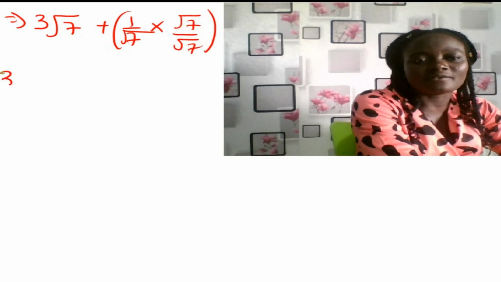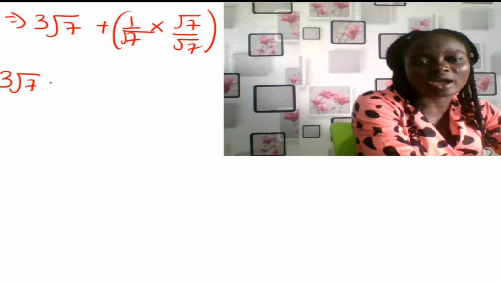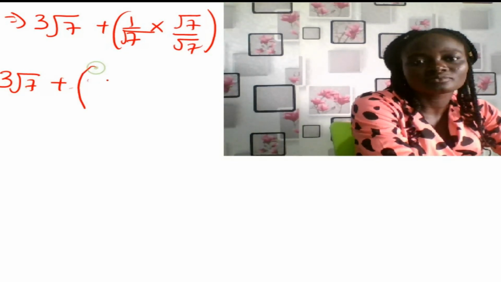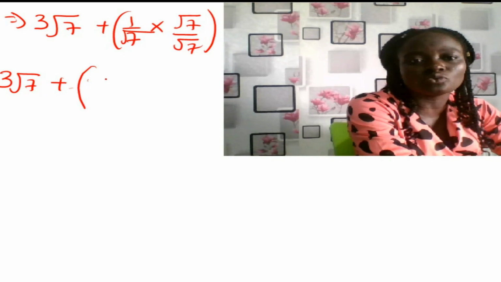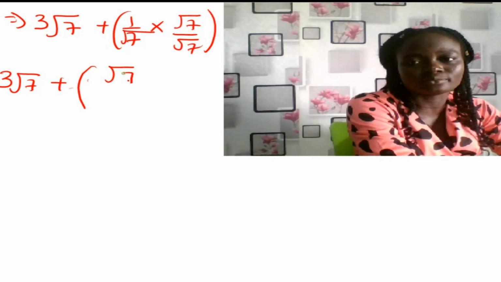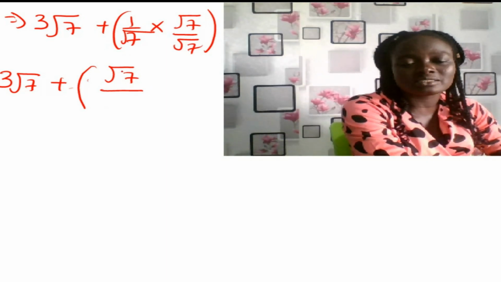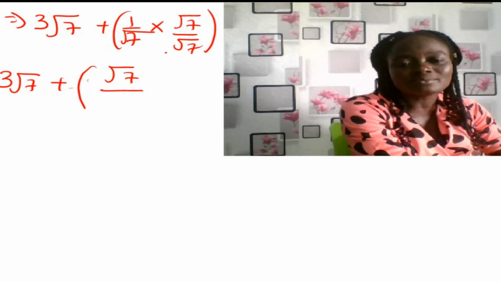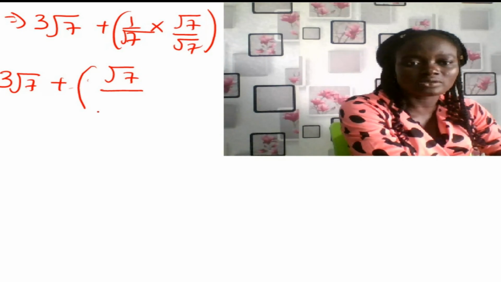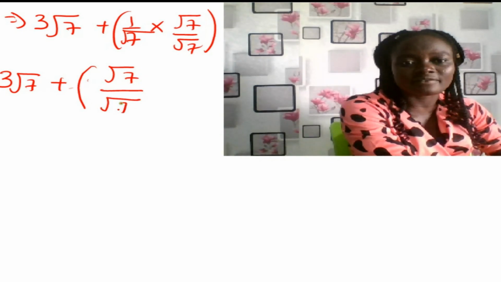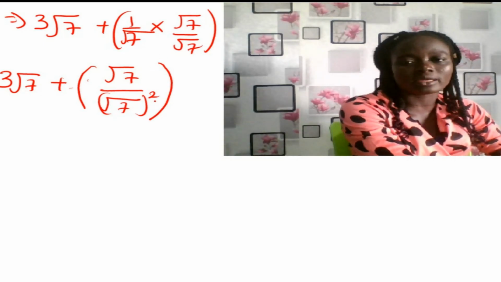Then we have our 3 root 7 outside our bracket plus 1 times root 7 will give us root 7 over root 7 times root 7 will also give us root 7 all squared. Then we close our bracket.